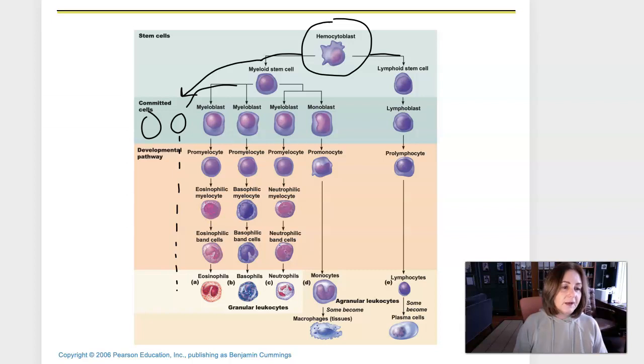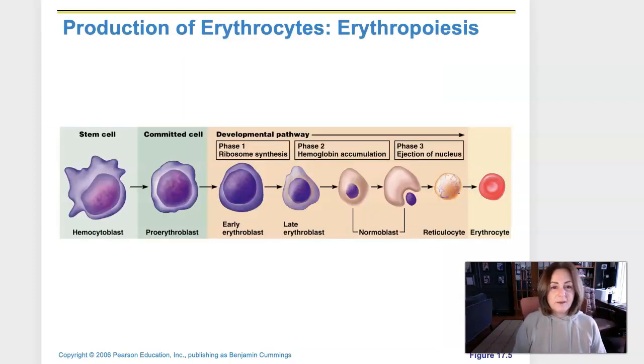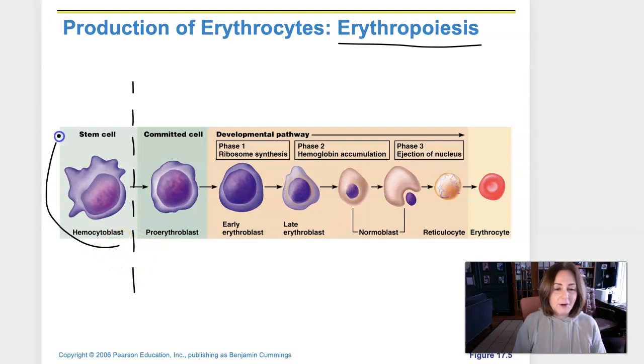So taking a look at just red blood cell production. So this is called hematopoiesis. That's blood cell production. And when you talk specifically about red blood cell production, people say erythropoiesis. So erythropoiesis is just red blood cell production. So here's the cell that we were just looking at, that I showed you at the very top of the pyramid, right?